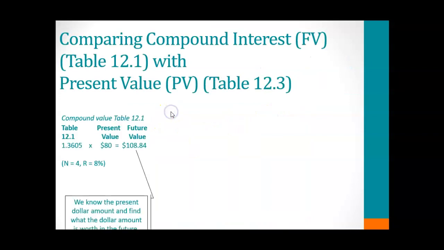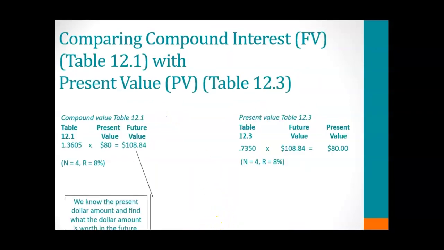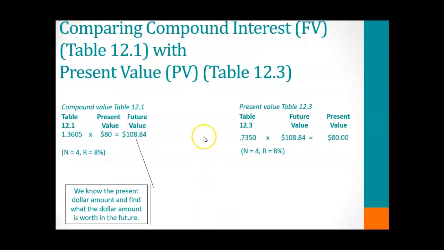So to do a comparison, we're going to take a look at our present value calculation. Remember before we said that if I were to invest $8 into an account today, I will have in the account at the end of 4 years $108.84 based upon an annual interest rate of 8% and a 4 year investment period, right?